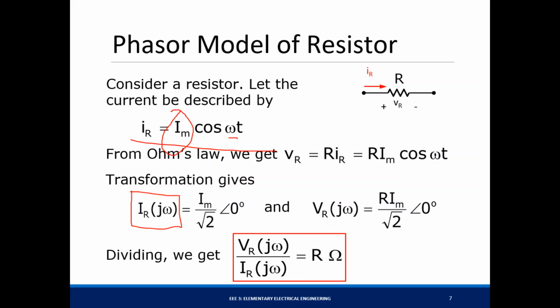Now from Ohm's law, we can get the voltage across the resistor. Just multiply by R, and you get this expression right here. We can represent this voltage in its phasor form.